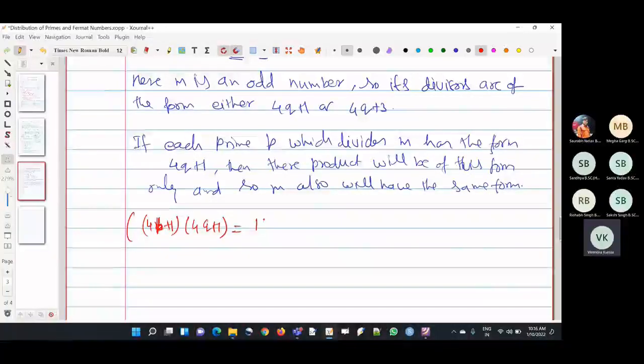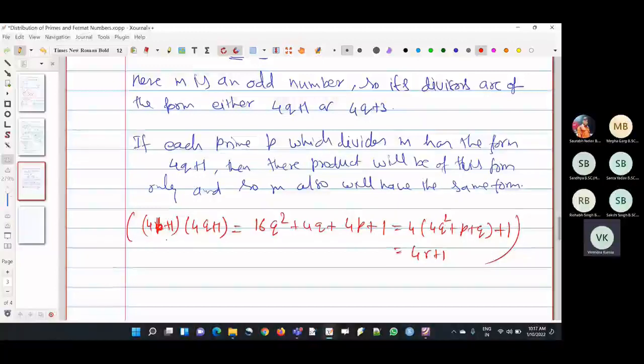When we multiply, we get 16pq plus 4q plus 4p plus 1. Then you can take 4 common: 4 times (4pq plus p plus q), plus 1. So this is 4r plus 1. So the product of any two numbers of this form is going to be another number of this form.